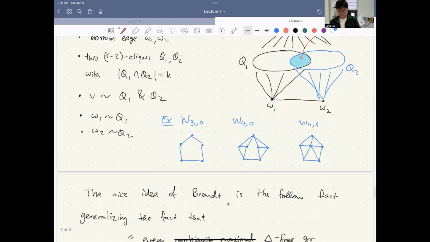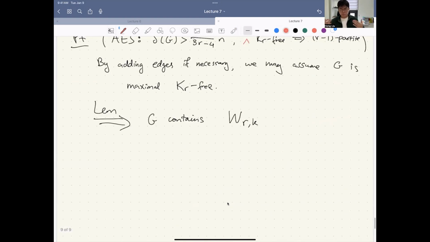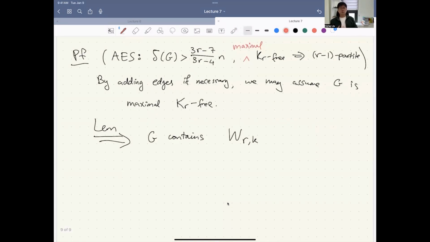Okay. So coming back here, we have a wheel-like graph.